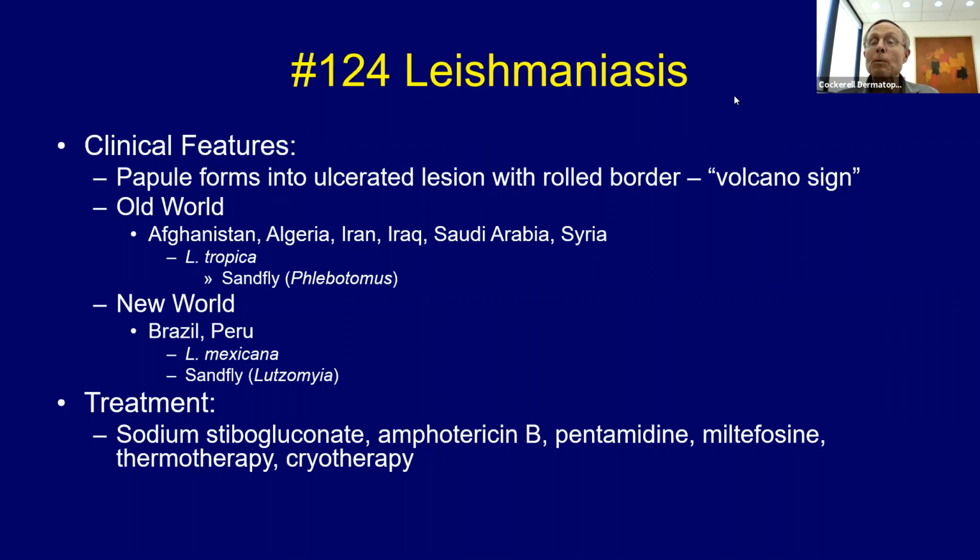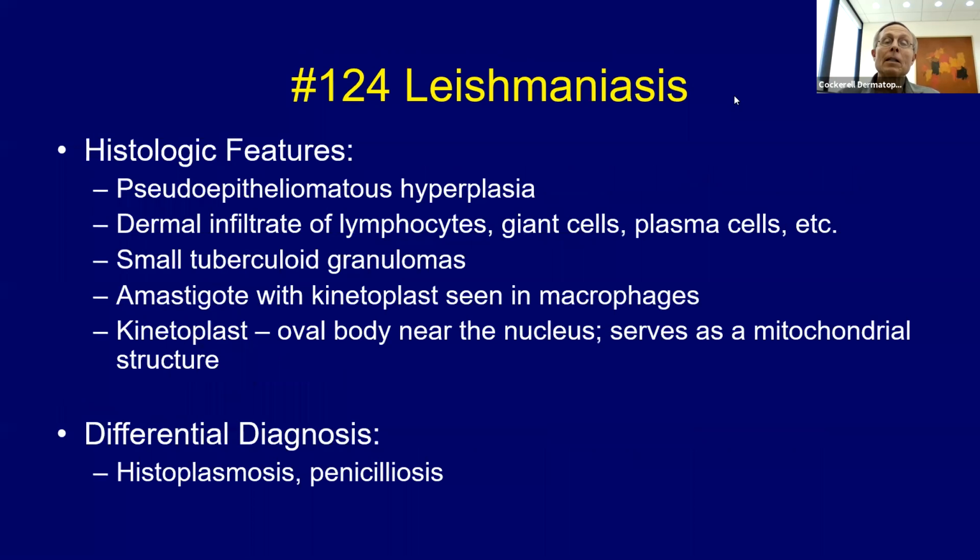And we see people that have been in Mexico or South and Central America, or even in Texas, where it's now endemic. We see a number of cases every year that are just localized. People have never left the area. So just remember the pattern, pretty classic. When you see that marquee sign or the Ferris wheel sign, think of leishmania.